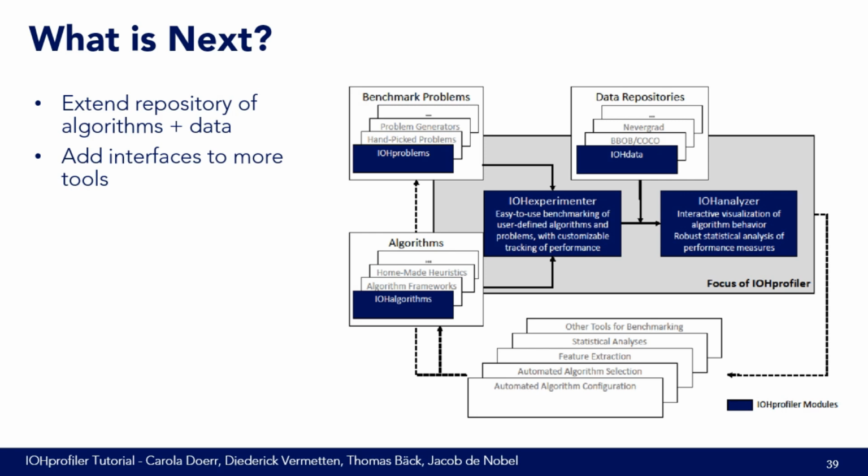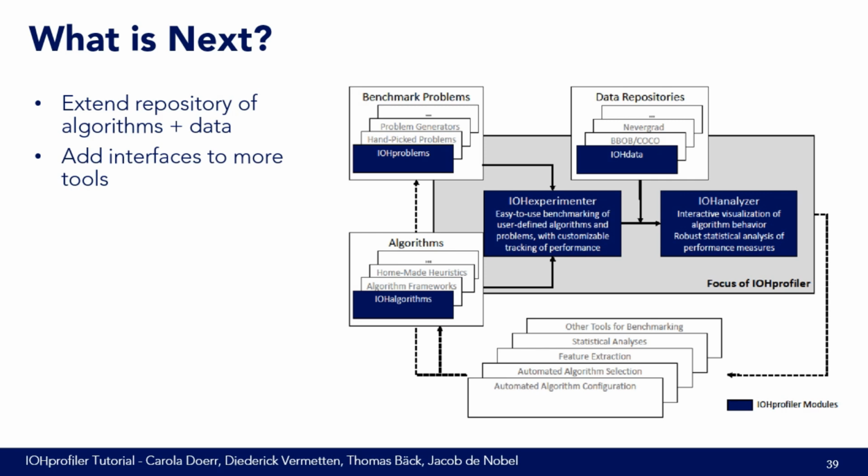We don't want to be a monolith that controls all of the benchmarking that you do. We just want to be able to support different interactions with tools so people have the flexibility to use COCO's data generation with our post-processing, or our data generation with the Nevergrad results, etc.